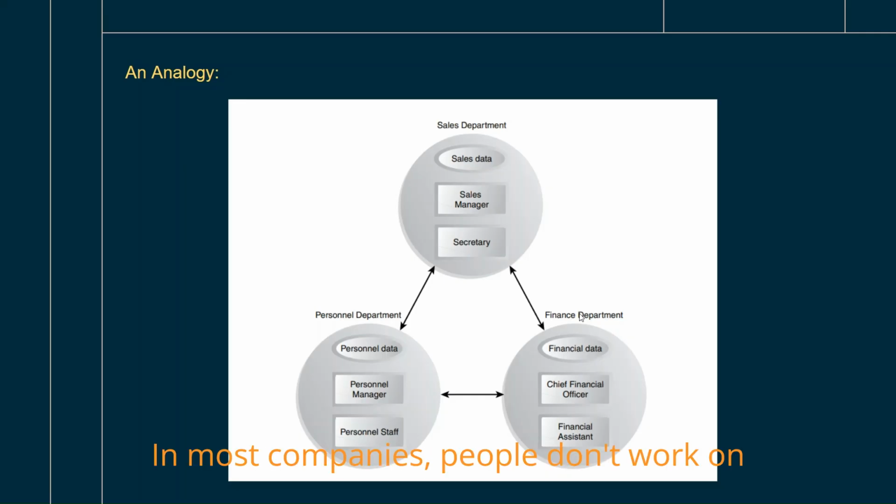In most companies, people don't work on personnel problems one day, the payroll the next, and then go out in the field as a salesperson the week after. Each department has its own personnel with clearly assigned duties. It also has its own data. The accounting department has payroll figures. The sales department has sales figures. The personnel department keeps a record of each employee, and so on.